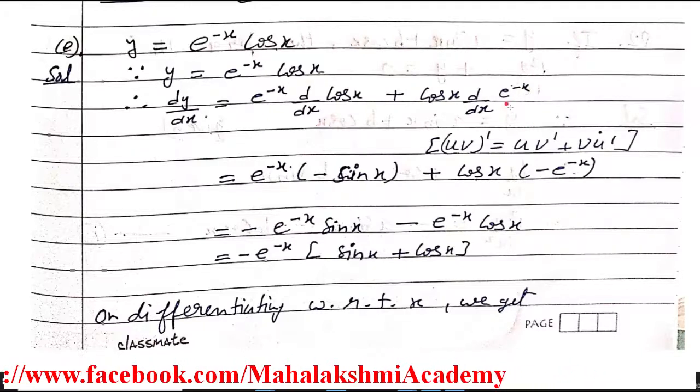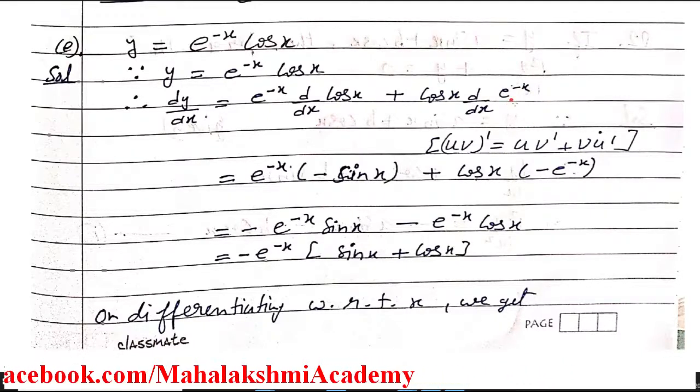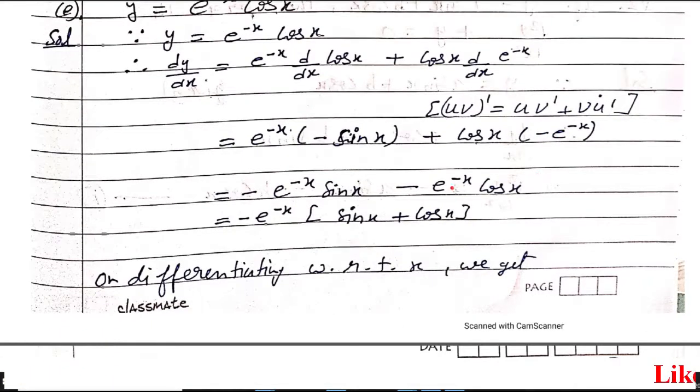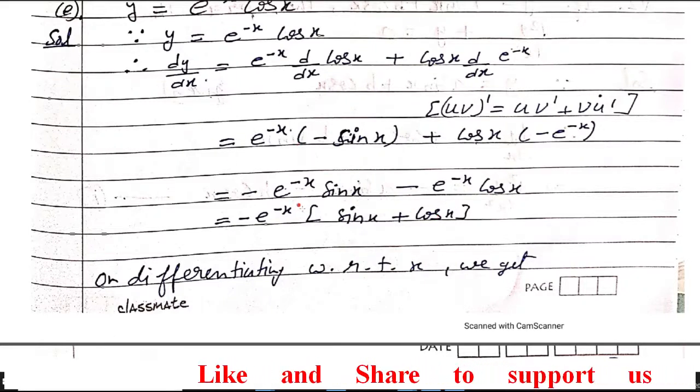First we differentiate it, so we get e to the power minus x, and then again because of chain rule you have to differentiate this minus x, that will give you minus 1. So minus 1 multiplied by e to the power minus x is this. So this is your first order derivative. Now in this you can see minus e to the power minus x is common, so take it common, sin x and cos x as it is. So this is your first order derivative.